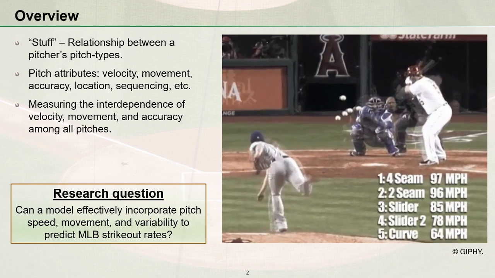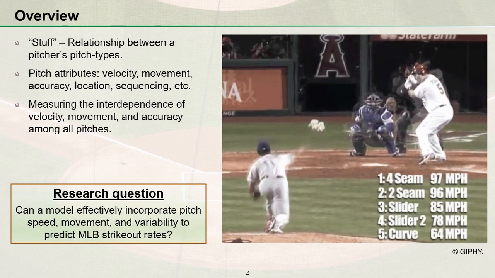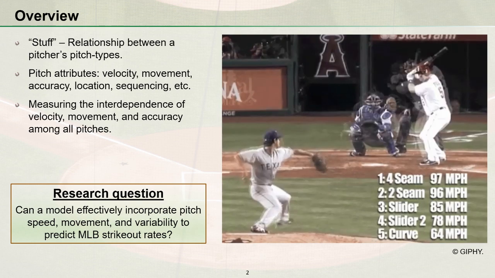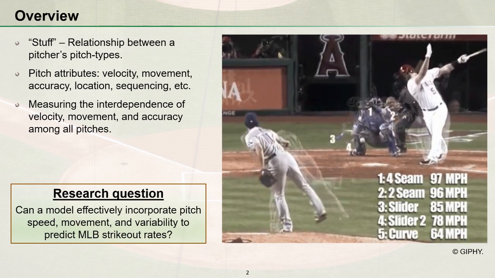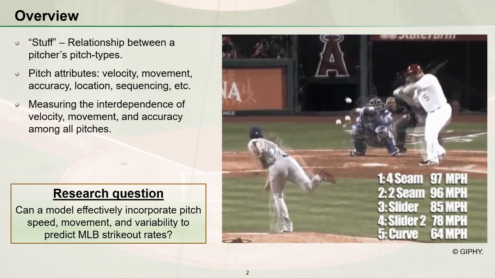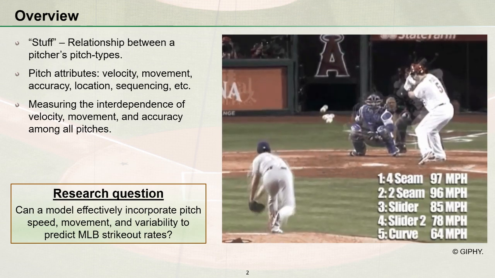We know that a pitcher's curveball is more effective if its movement is dramatically different than his fastball, and the effectiveness of these pitches is dependent on each other. It's the relationship among all of the pitches in a pitcher's arsenal, rather than just the characteristics of a single pitch, that are a larger determinant of success.